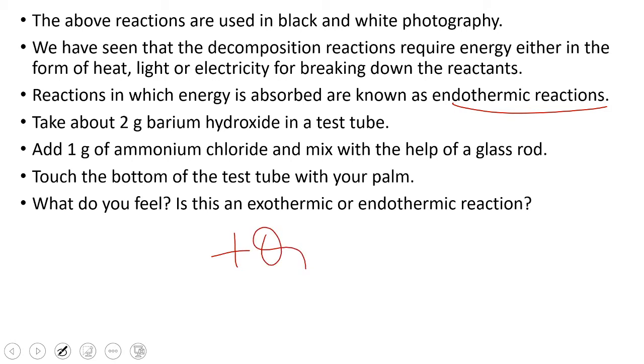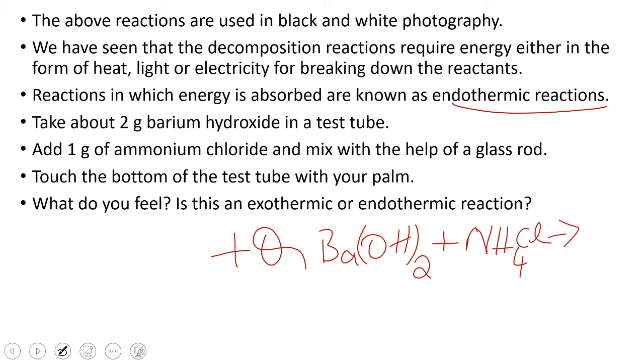Q stands for energy. So take about 2 grams of barium hydroxide in a test tube, and ammonium chloride, NH4Cl.